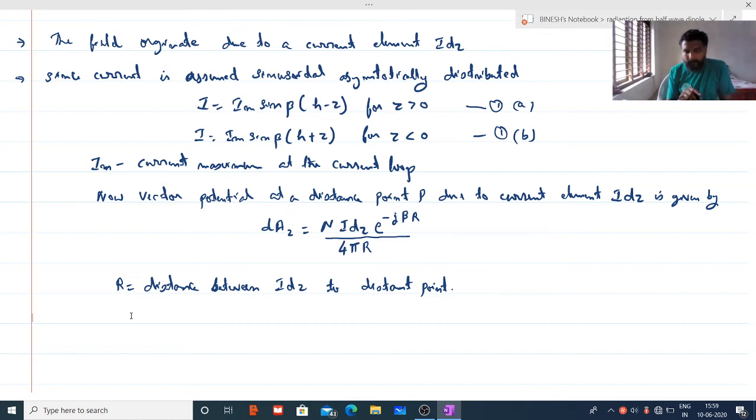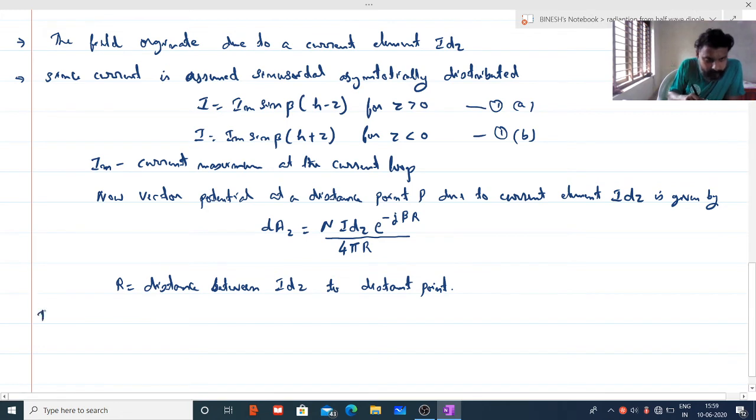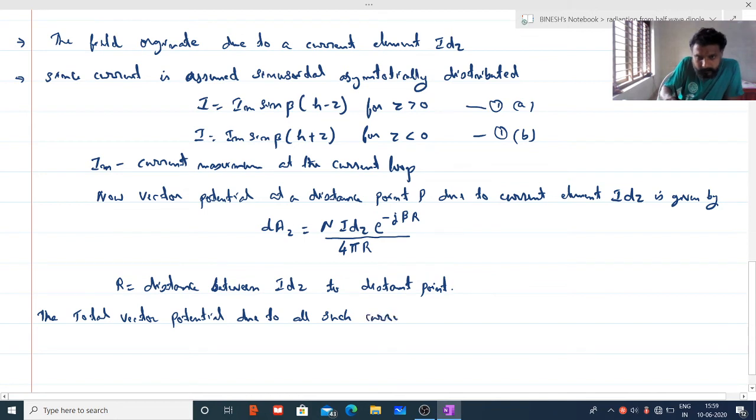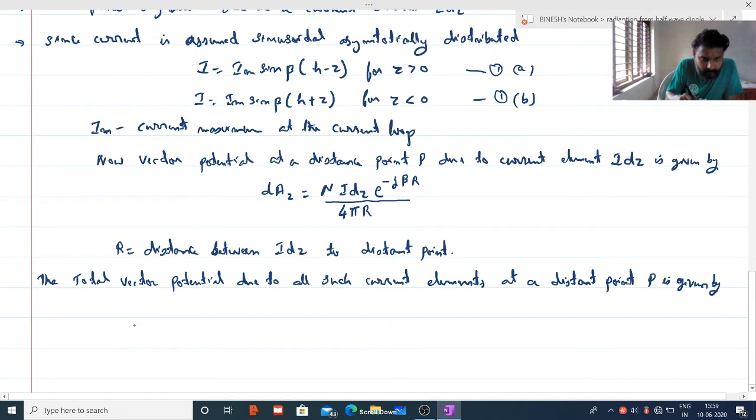Similarly, we have to calculate the total vector potential due to all such current elements at a distant point P. It is given by the integral of dAz from all such points.